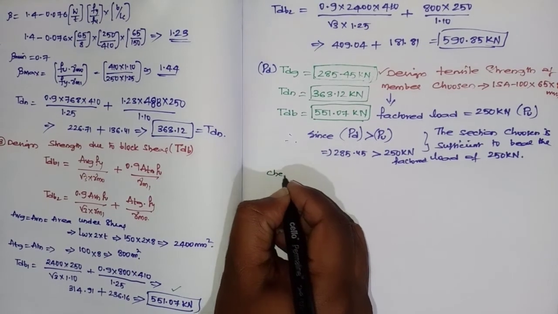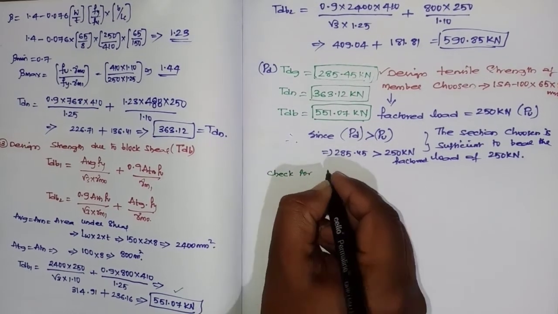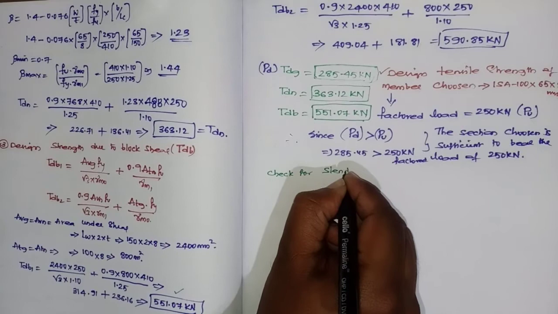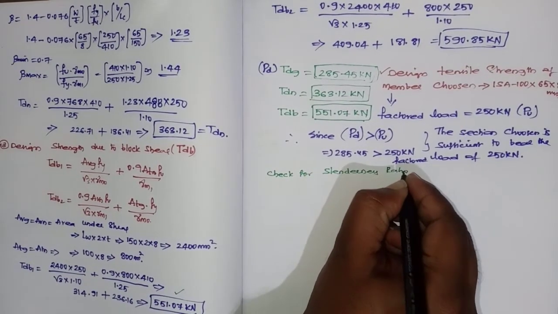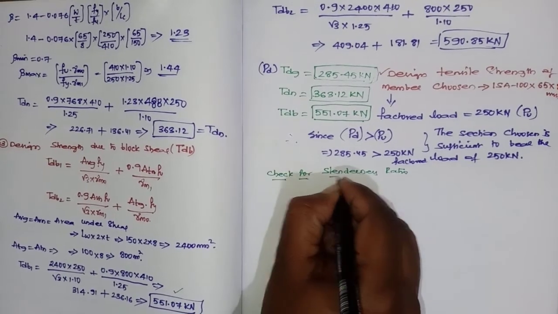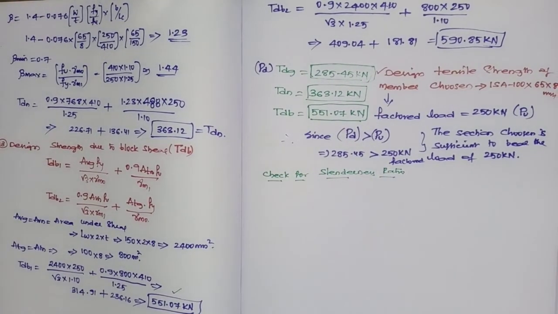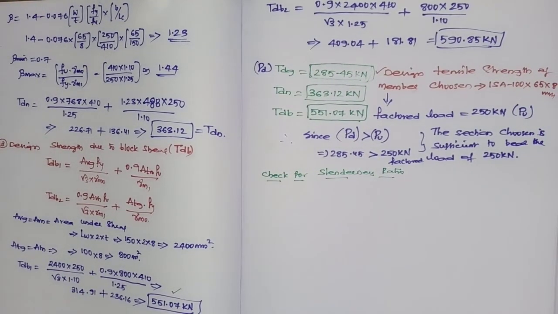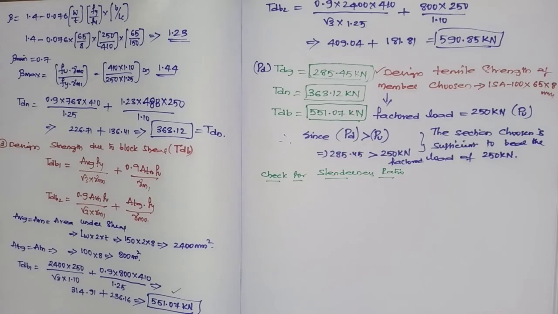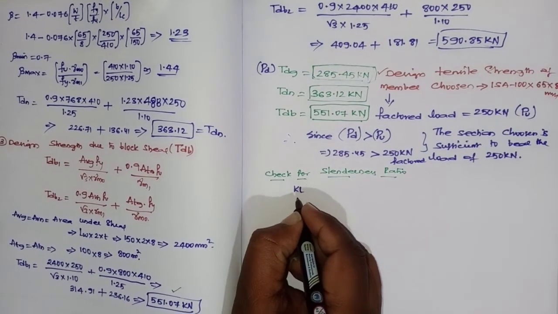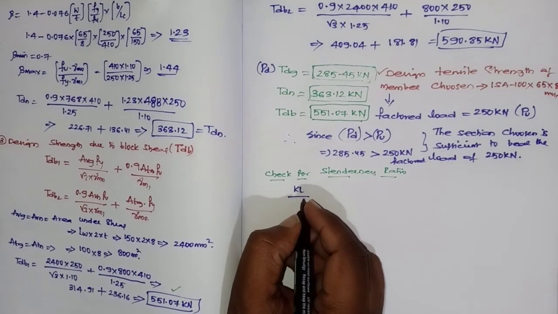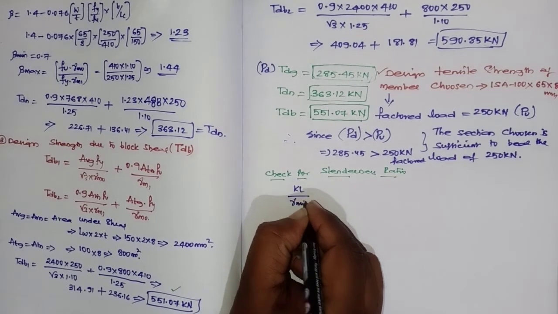Check for slenderness ratio. This is the thing they have mentioned. Okay, now they have given the length of the member. Slenderness ratio, what is that? KL by r minimum.